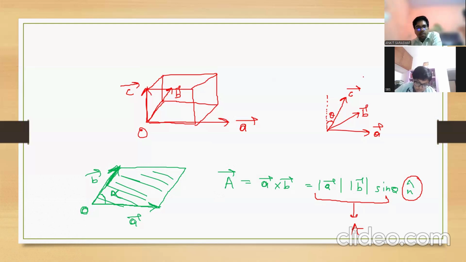If I ask only for the scalar, not the direction, then the area of base will be mod A, mod B, sine alpha. This is the base area. You got this?